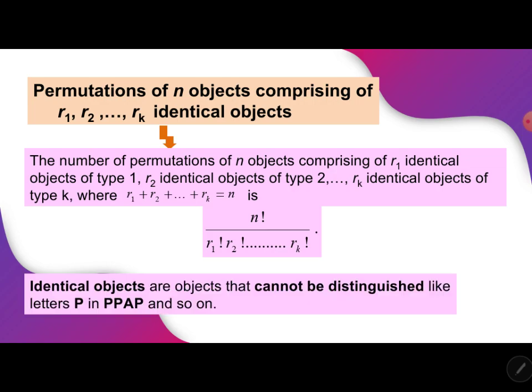Why? Because identical objects cannot be distinguished, like the letter P in PPAP and so on. So we have to divide out the arrangements of the identical objects.